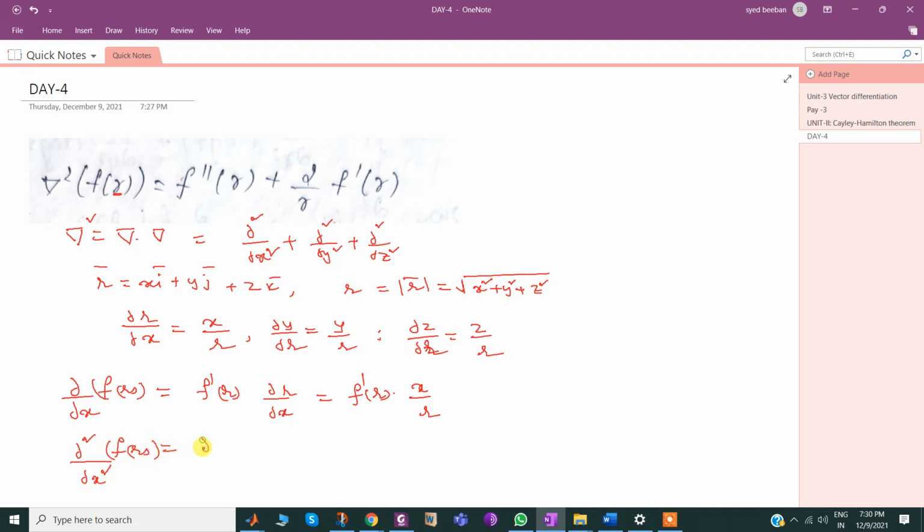which is equal to dou by dou x of dou f of r by dou x, that is f dash of r times x by r.